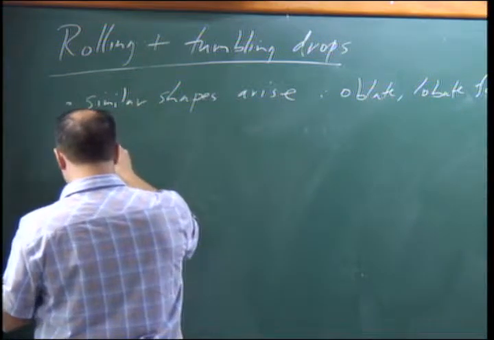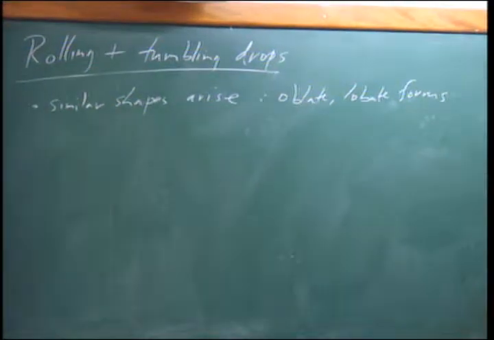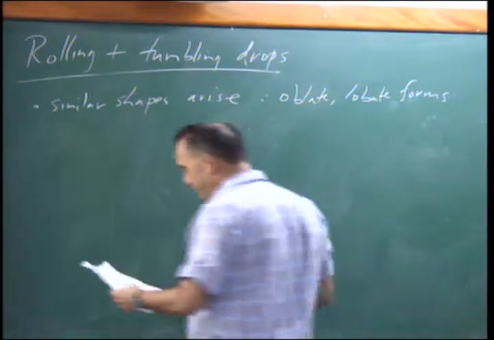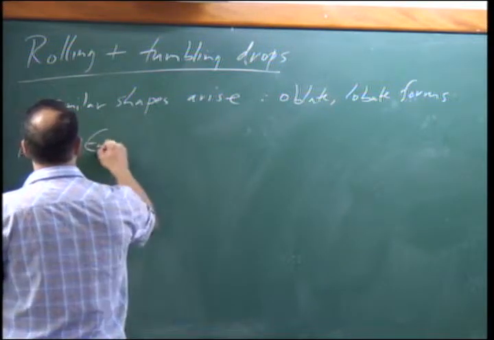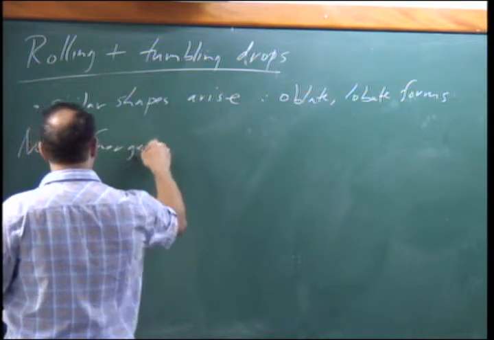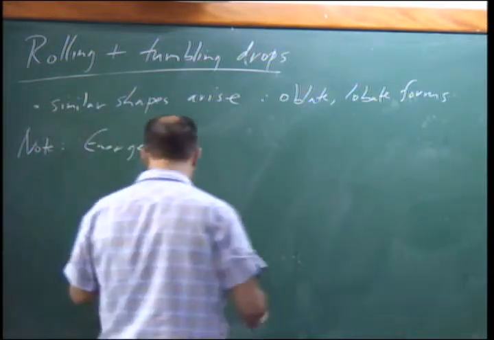Okay, so how do you actually get the rolling speed? You get it from energetics. So the rate of work done by gravity in pulling it downhill is going into dissipation.